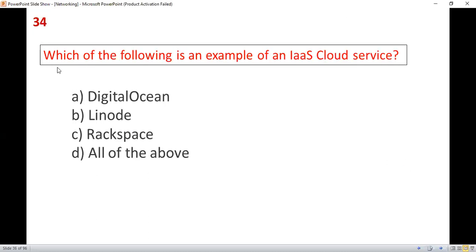The next question you can see: which of the following is an example of an IaaS cloud service? What will be the answer? The question is, which of the following is an example of an IaaS cloud service?